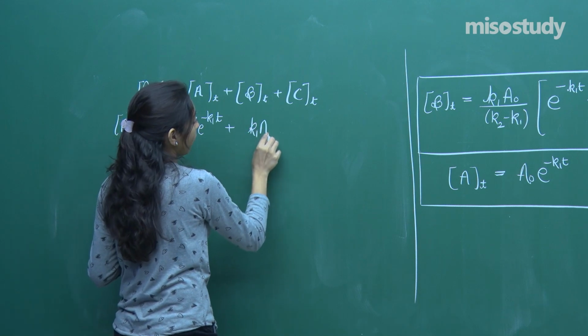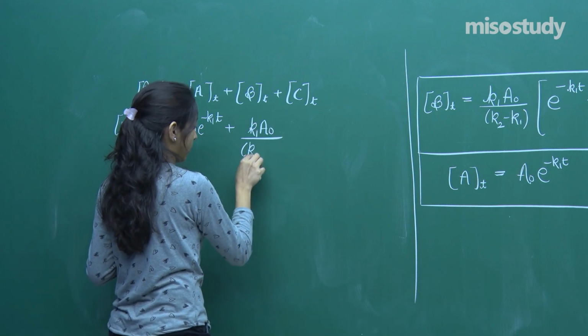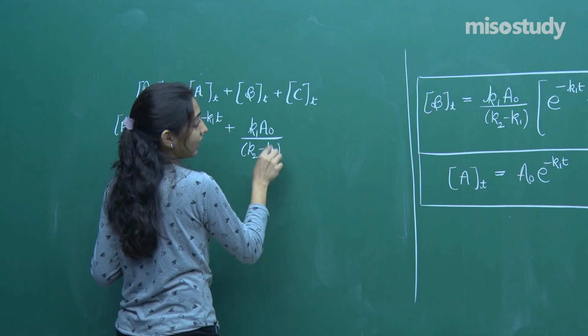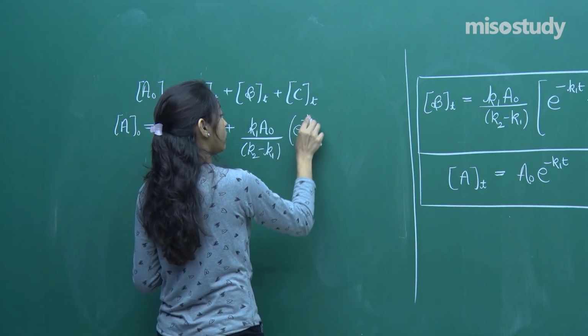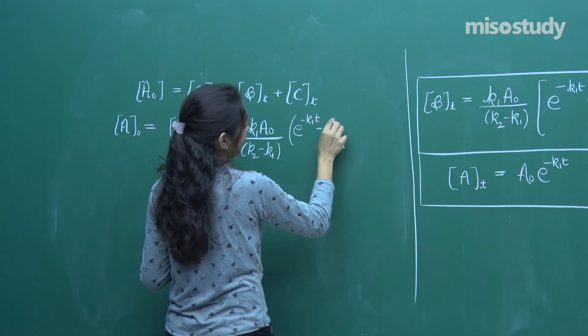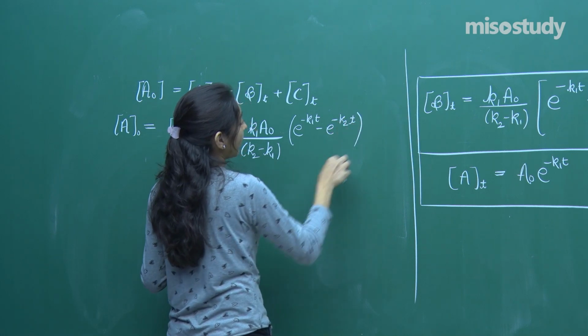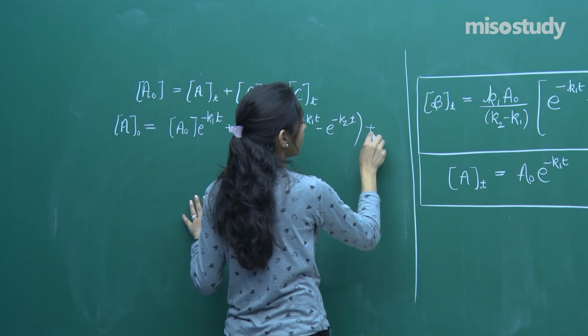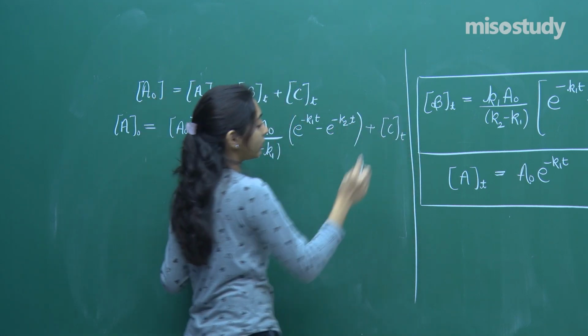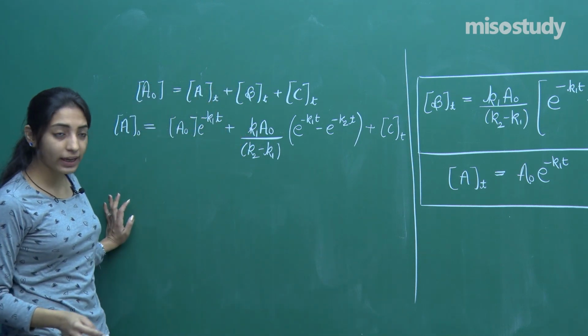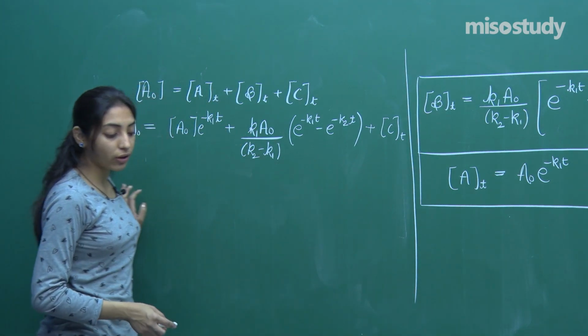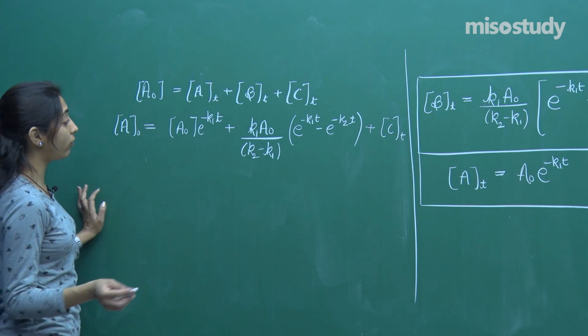So this is K1 A naught by K2 minus K1 into e raised to the power minus K1T minus e raised to the power minus K2T, plus the concentration of C at time T. Okay. So once you do the concentration of C at time T, I will ask you to solve it further.